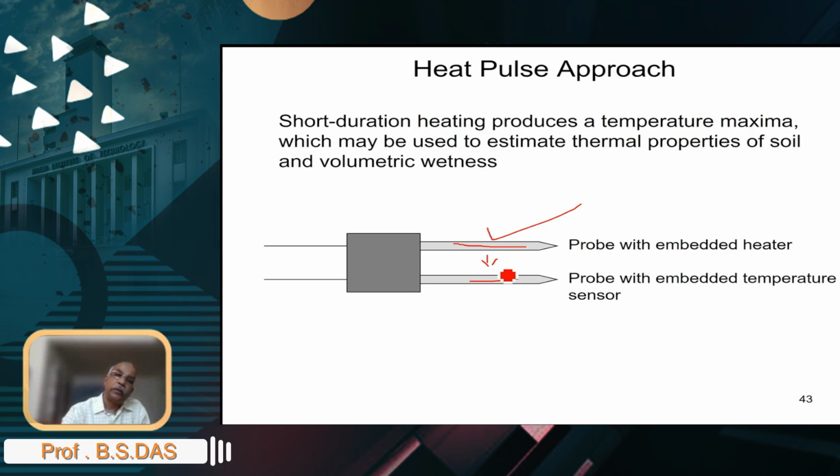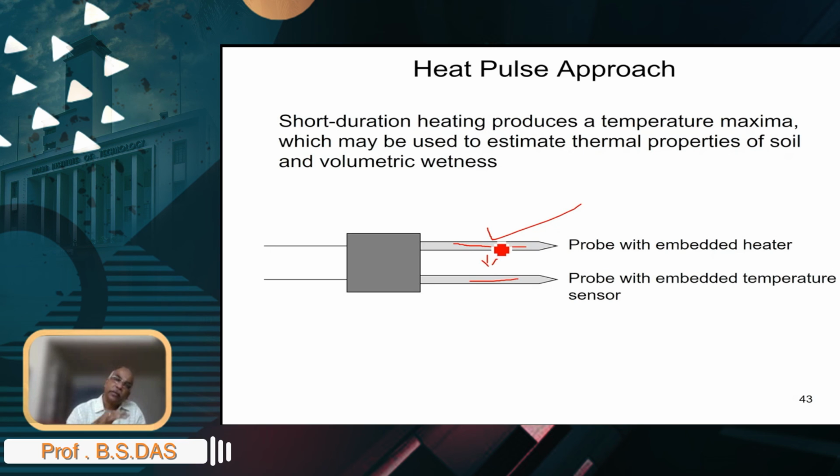Typically you do a pulse heating, that means you heat it for a fixed short amount of time. It's around 6 to 8 seconds, and then you cut off that energy source.